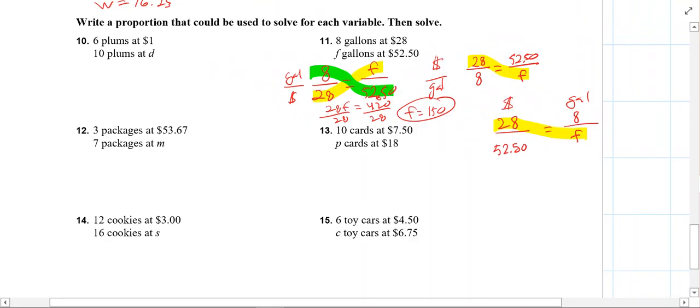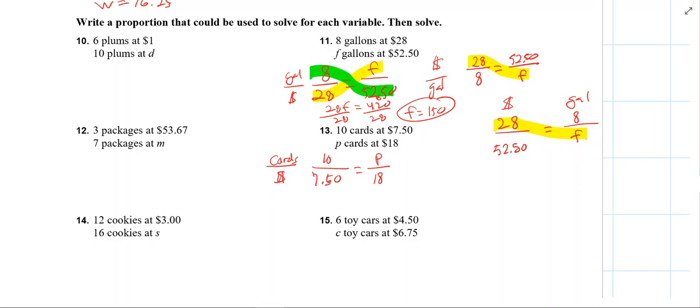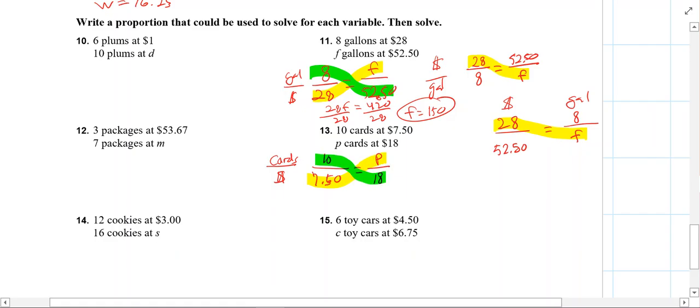All right. So 10 cards at $7.50. So I'm going to do cards at money. So cards over money. And that's going to be 10 to 750 is equal to P cards over 18. And then I'll go ahead and go 750 times P, and 10 times 18.